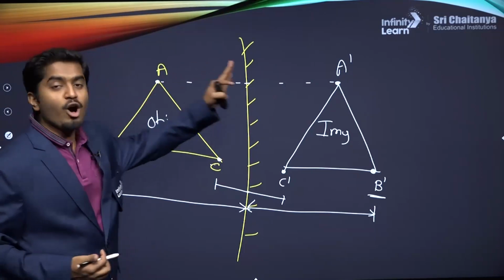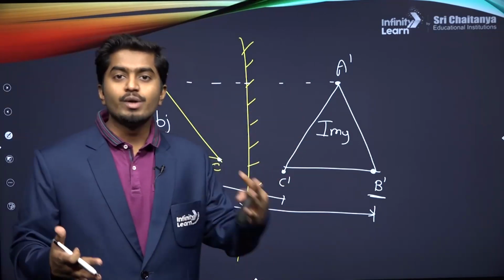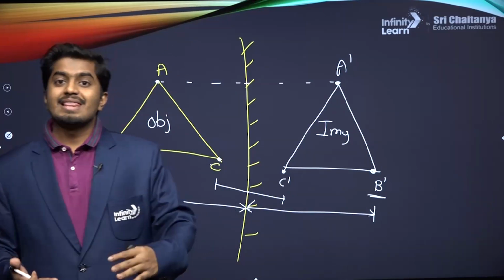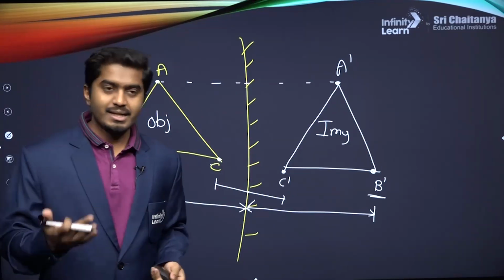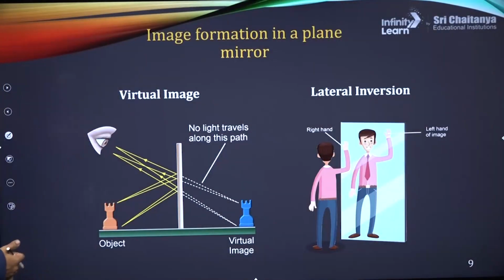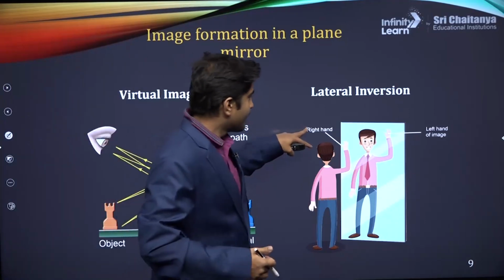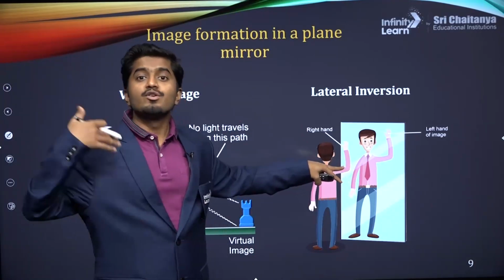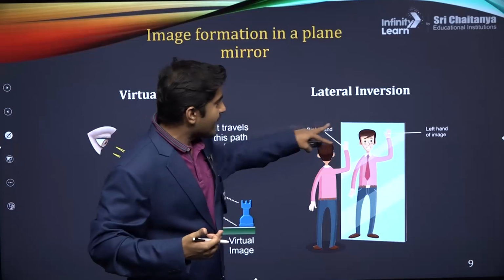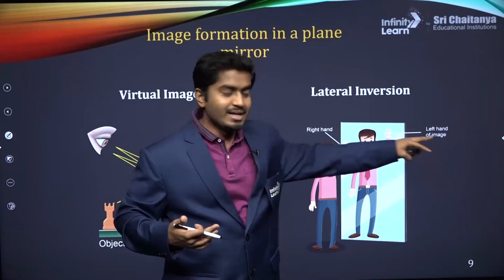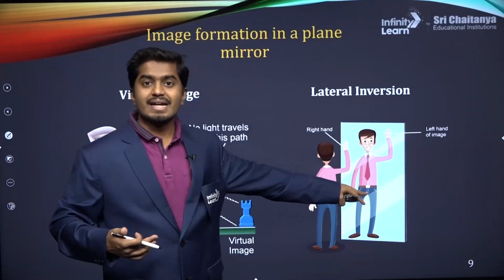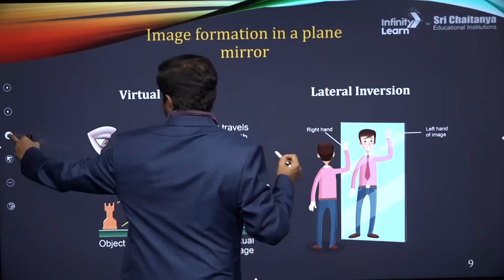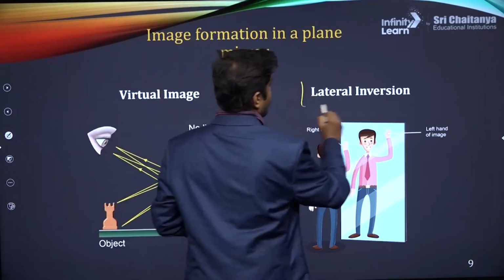So whenever you get an image of a 2D or 3D object, there is a lateral inversion, right? You can understand it. For example, in this figure, when this is your right hand, if you look into the mirror, your right hand becomes the left hand and your left hand becomes the right hand. That is called lateral inversion.